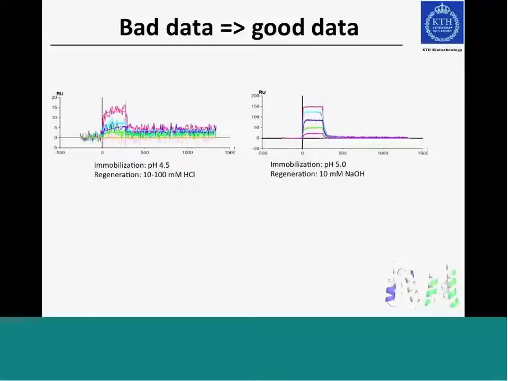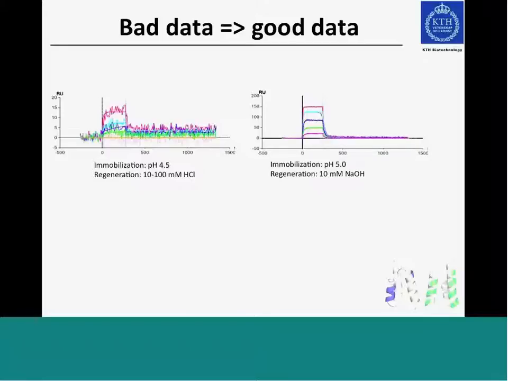And in this case, we use pH 4.5 for immobilization, and we use acid for regeneration. So this apparently was not very good for this protein. We could observe immobilization, so that was not the main problem, but when we changed to pH 5, we can see more effective immobilization, that's one thing.